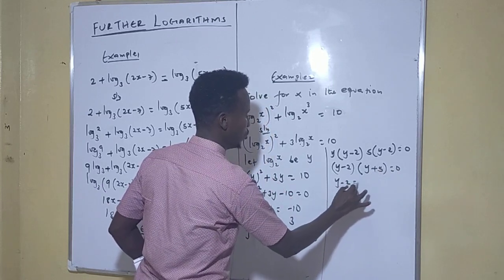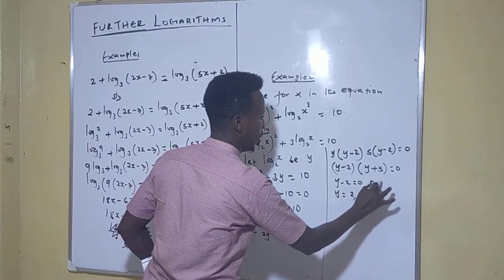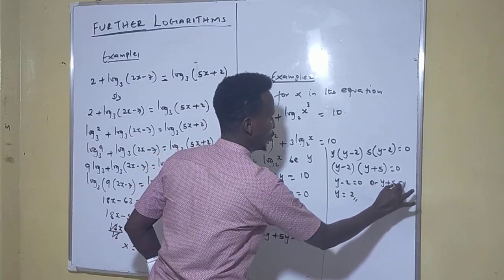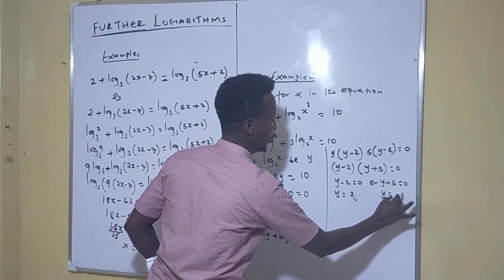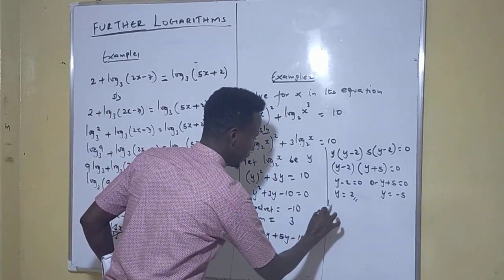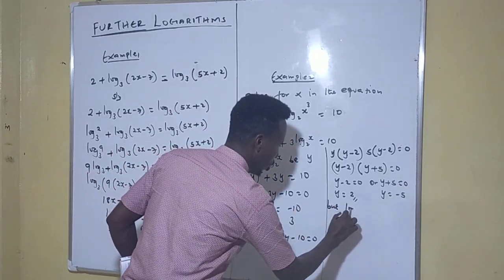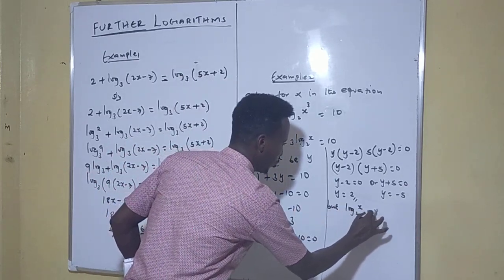So y minus 2 is equal to 0, so y is equal to 2. Or y plus 5 is equal to 0, y is equal to negative 5. But come back to this point. We know that log base 2 of x is equal to y.